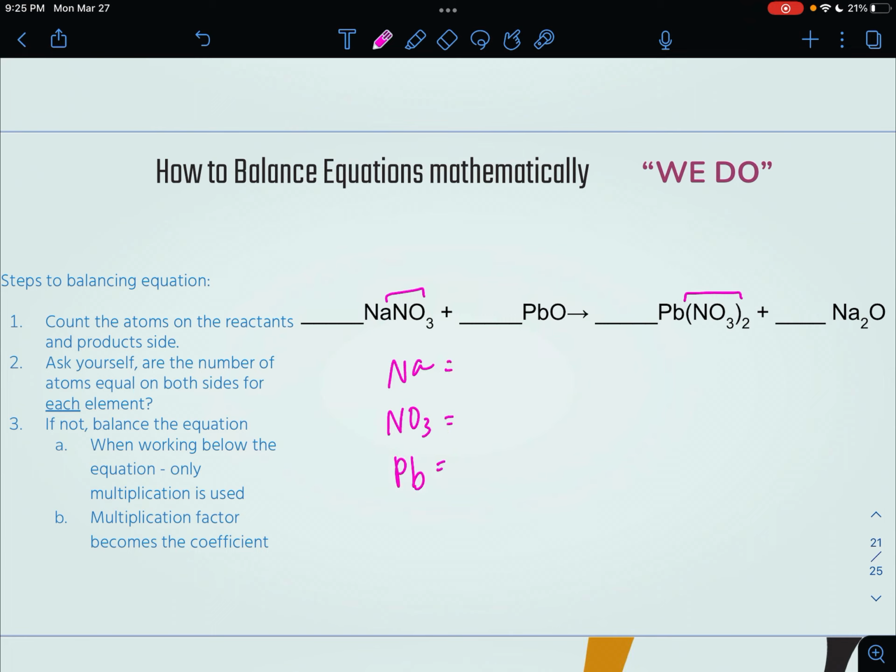You can add up your lead, and then your oxygens that are by themselves, that are not part of that NO3. And then we'll do the same thing on the right side. So take a minute to try this one, and then you can keep playing the video and check your answer.